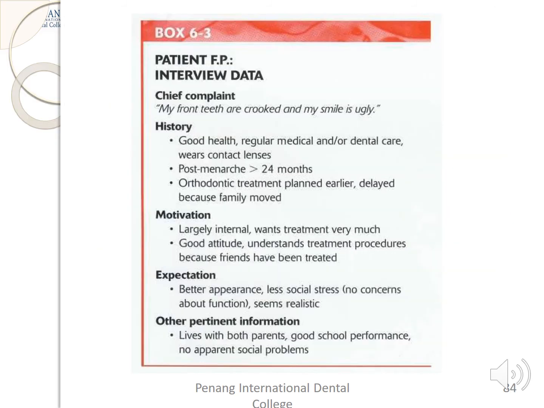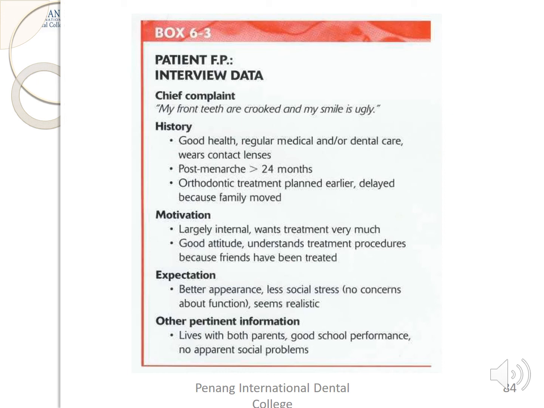Okay, now we will look into an example. This patient is FP. FP's chief complaint is, my front teeth are crooked and my smile is ugly. Based on the history, the patient has good health, regular medical and dental care and wears contact lenses.